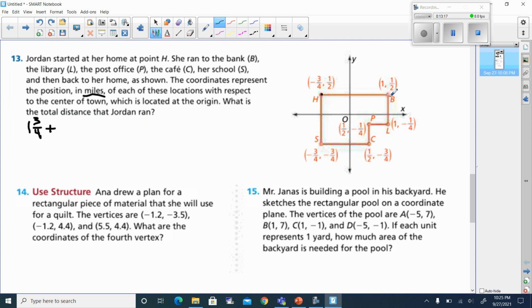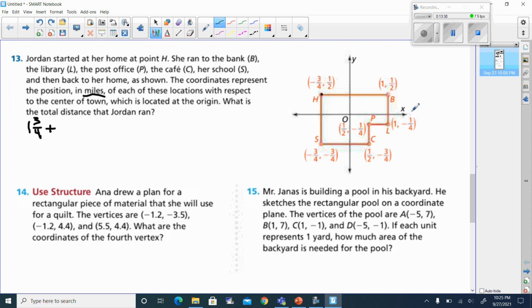Now we have a half here and a 1/4 here, because 1 is the same on our x, so we're measuring the y distance. So we got a half plus a 1/4. Remember, this is the absolute value. Whenever we cross an axis, we have to add these numbers together. So what is 1/2 and 1/4?